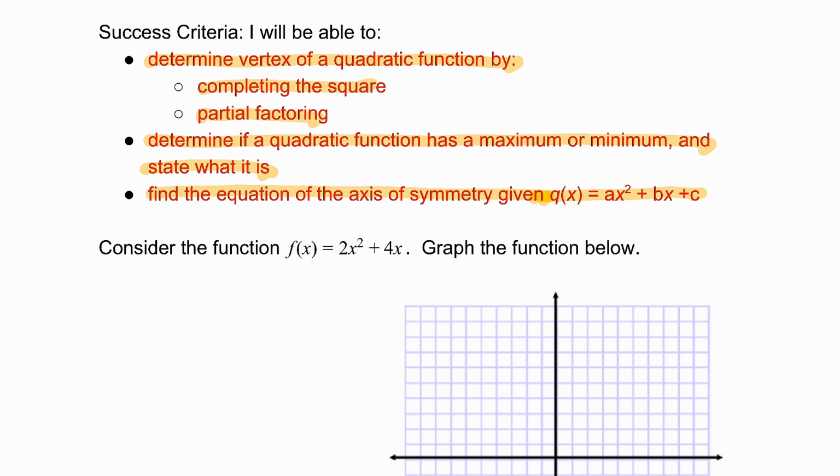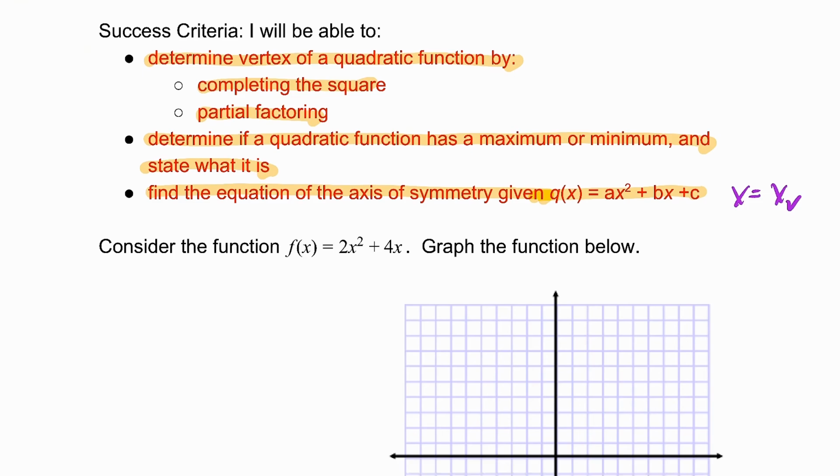Again, the equation of the axis is where the parabola is symmetrical, and it's symmetrical right at the vertex. So the axis of symmetry is that vertical line, and it has the value x equals the same x coordinate of the vertex. So really, x is equal to x_v. Whatever the x coordinate of the vertex is, that's our axis of symmetry.